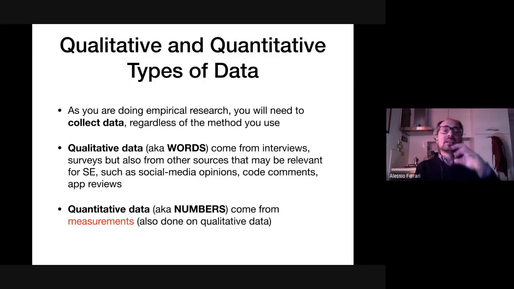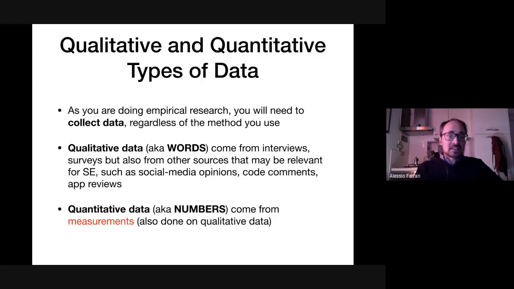So I'm dealing with qualitative and quantitative data. Qualitative data are less precise but richer. Quantitative data are more precise, but the meaning is not always straightforward. I need some interpretation, and some predetermined interpretation, because on qualitative data, of course, I also need interpretation.